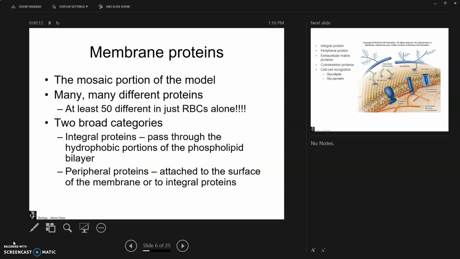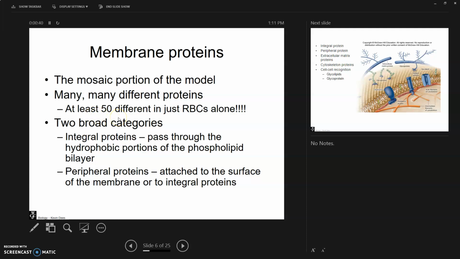Okay, in this second part of chapter 5, we're going to take a closer look at the proteins that we find as part of the mosaic part of the fluid mosaic model. These membrane proteins form this mosaic portion of the model. And there are a lot of different proteins found not only on the surface of our cells, but sometimes within the surface of our cells in different parts of our bodies.